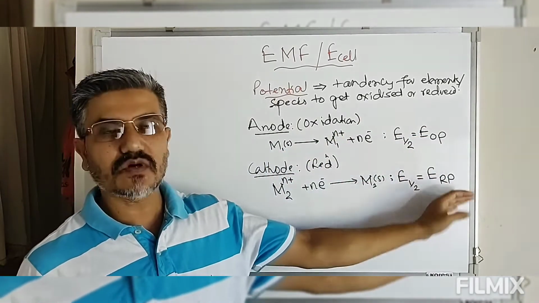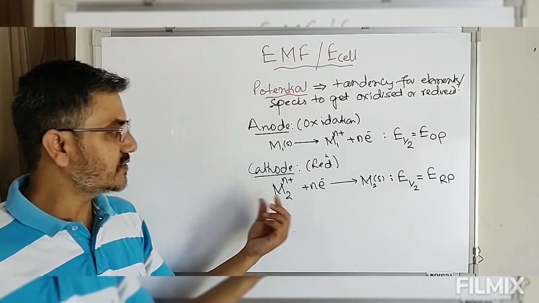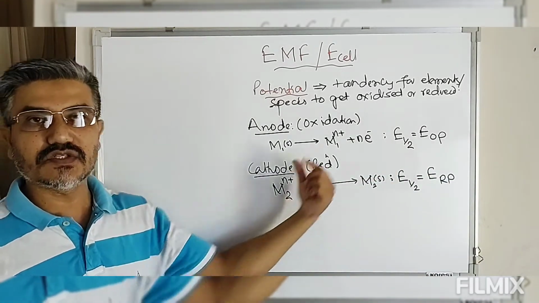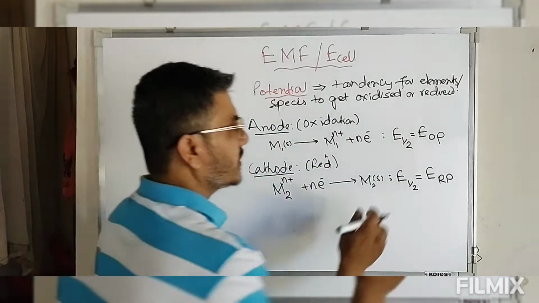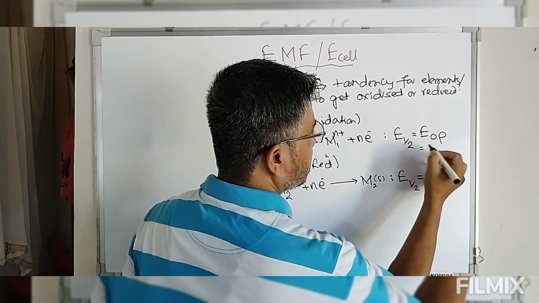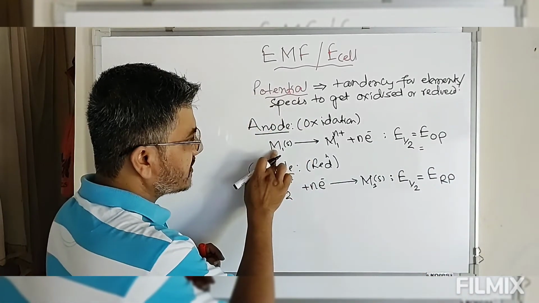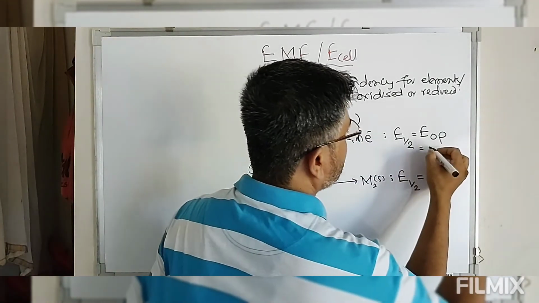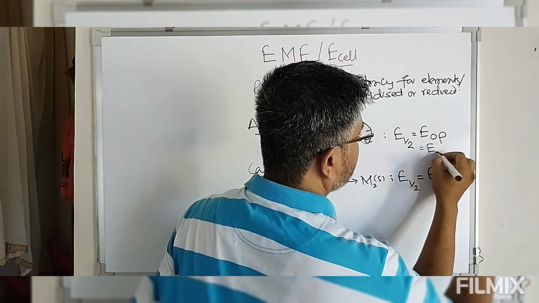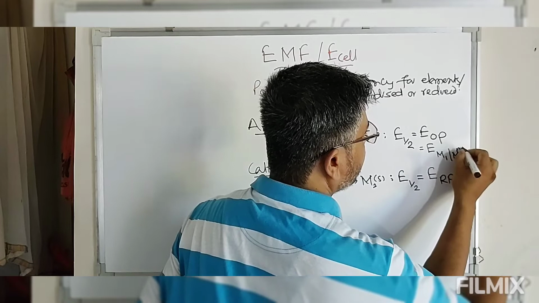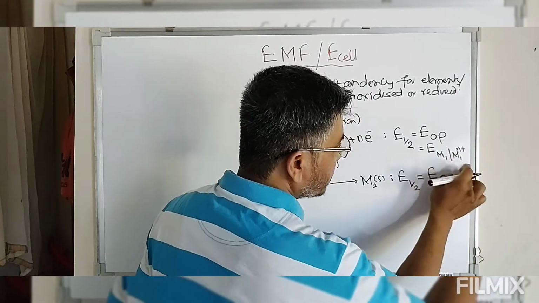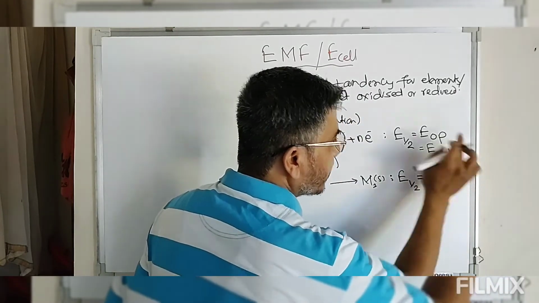Similarly, the more the value of this reduction potential, the more will be the tendency for this M2 n plus ion to get reduced to give you metal 2. Now look at this, this is oxidation potential. Metal 1 is changing into M1 n plus. So we can also write this as metal 1 getting oxidized to give you metal 1 n plus. This represents oxidation, so the metal is going from 0 to n.